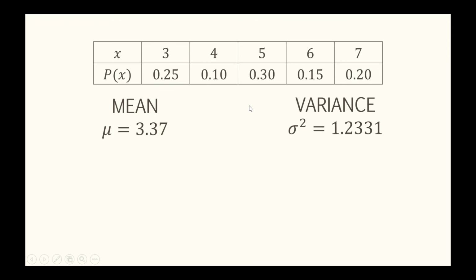For the variance, we have approximately 1.23, and through the standard deviation 1.11, we can determine the measure on how spread the value of x from the mean. So the average value of the number of new cases is 3.37.